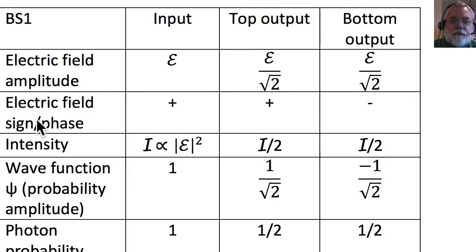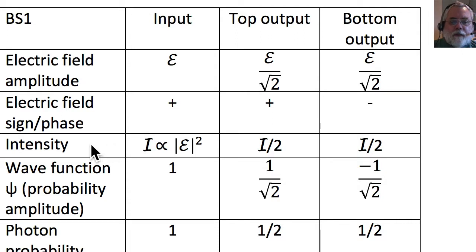Now the electric field has a sign or a phase, and that phase does not change for the transmission through beam splitter 1 that gives the top output. But the sign does get inverted for the reflection that gives the bottom output because that was the air interface of the half-silvered face.